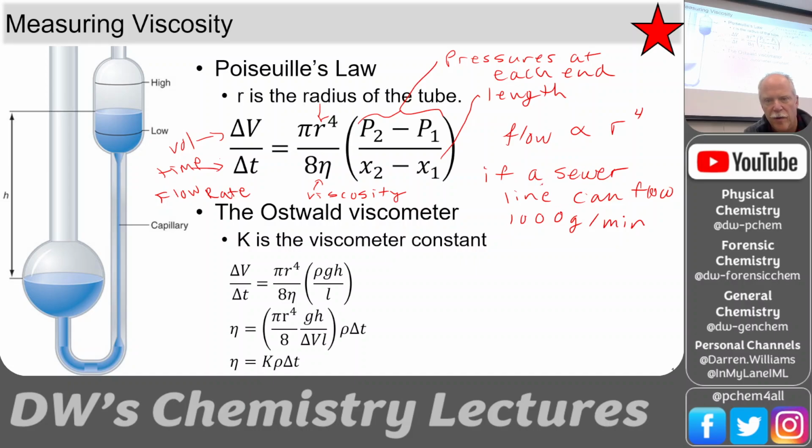Let's give it a diameter. Let's say it's a 10-inch sewer line. 10-inch sewer line can flow 1,000 gallons per minute.